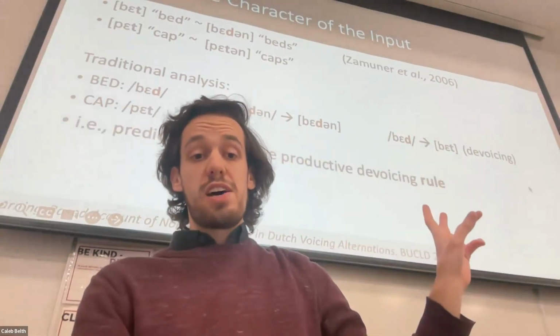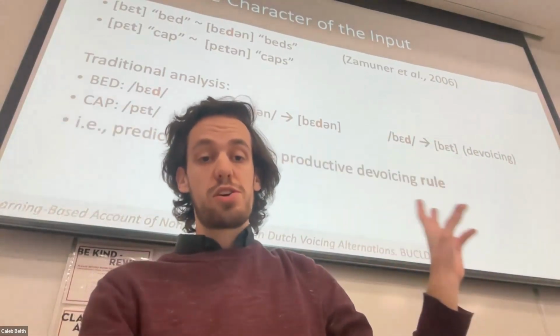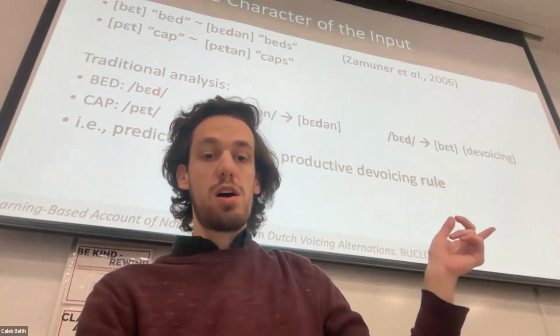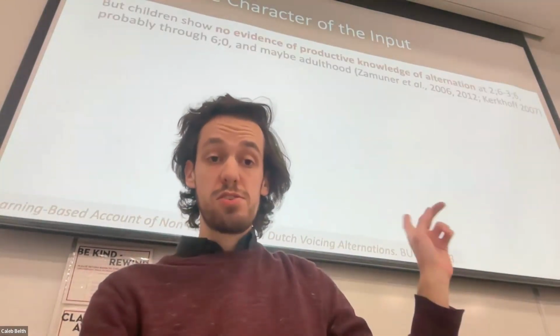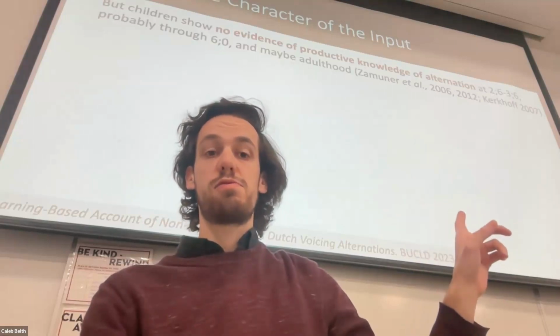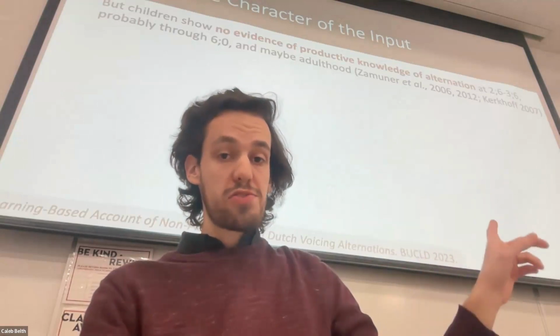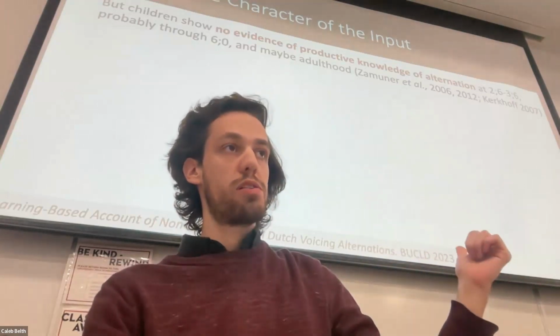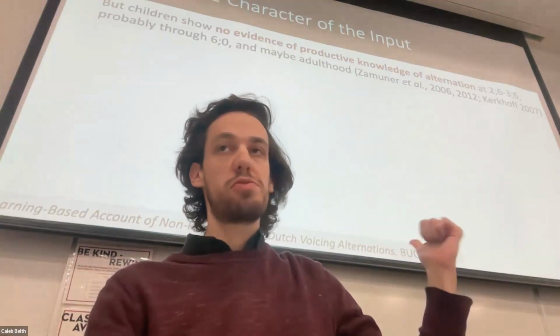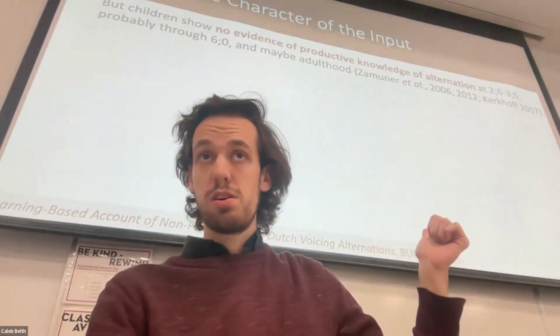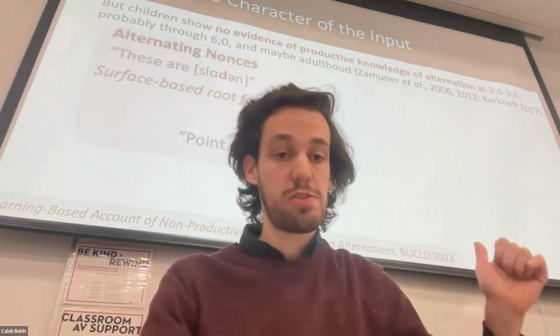So under this traditional analysis, this would predict essentially that learners have a productive devoicing rule. But children do not show evidence of a productive knowledge of this alternation. At least at 2.5 and 3.5, where, in my view, it's been studied most thoroughly, but probably through age 6 and maybe into adulthood.